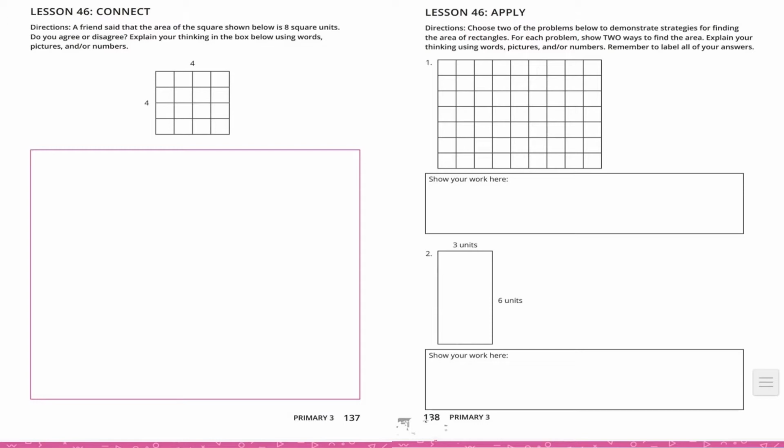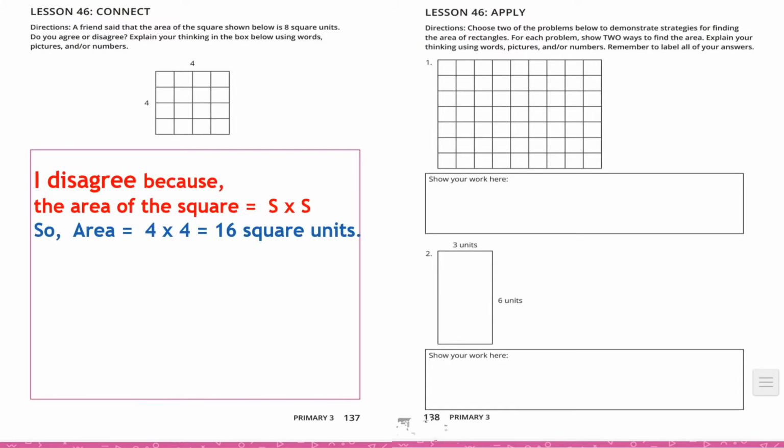Side times side equals 4 times 4. 4 times 4 equals what? 16. So it's not 8. So the answer will be I disagree, because the area of the square equals side times side. So area equals 4 times 4 equals 16 square units.